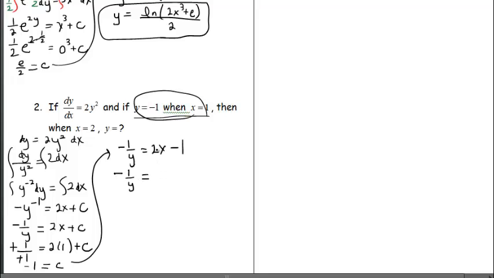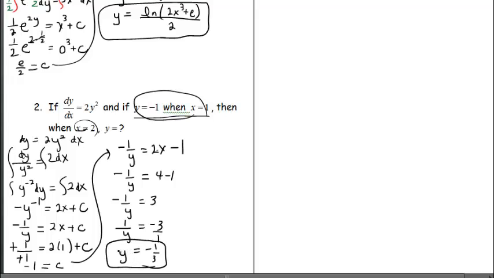So 2 times 2 is 4. 4 minus 1, 3. Take the opposite of both sides. And I'm actually just going to reciprocate. I'm going to flip here and flip this one right here. So I'm going to get y equals -1/3. You can just simply reciprocate both sides.